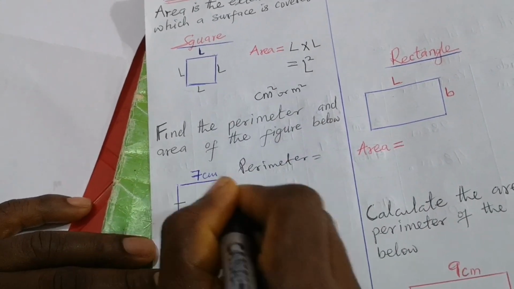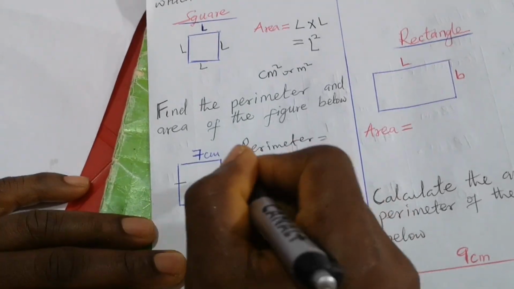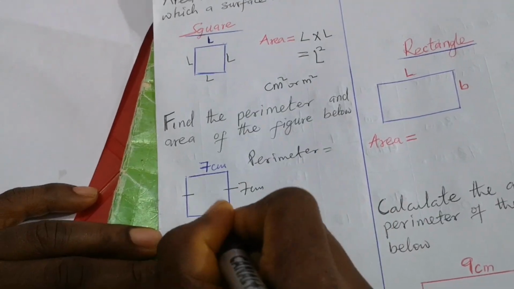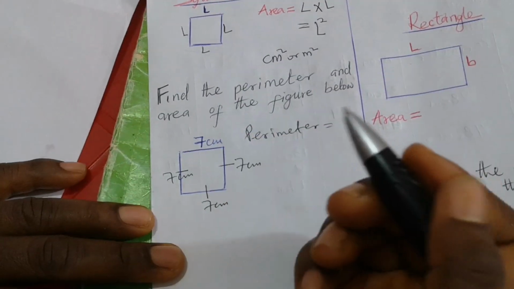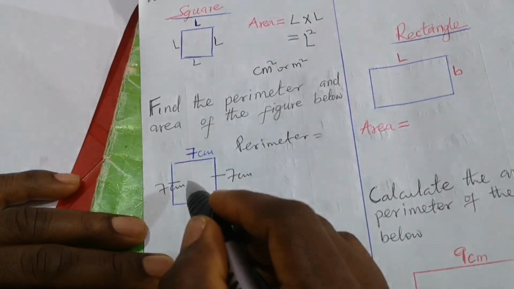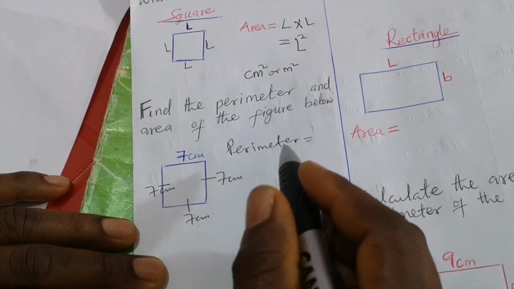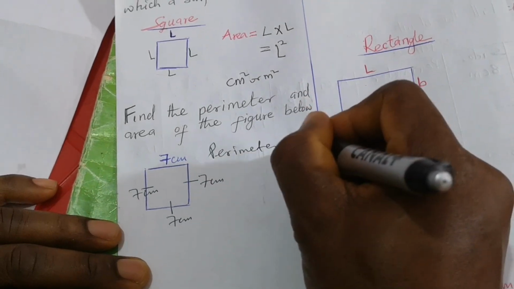So here and here and here, they are all equal. That means that here will equally be 7 cm, and here will be 7 cm, and here will be 7 cm, because this shape is a square. Now remind me the formula for calculating the perimeter of a square. Correct. 4L.